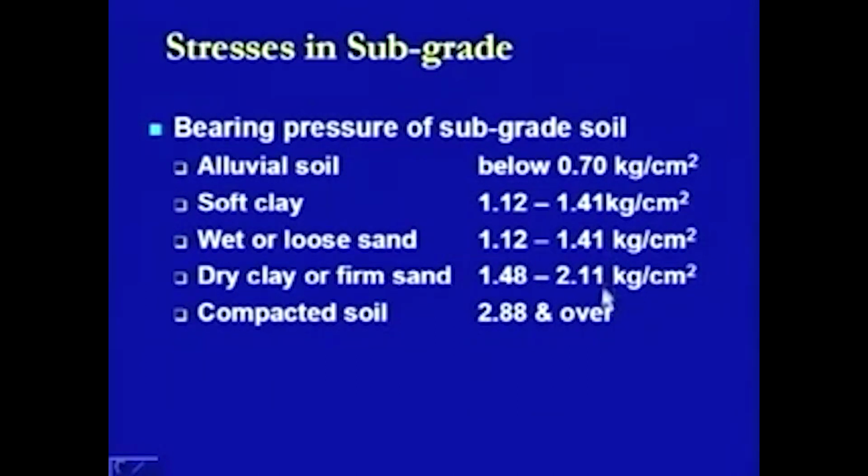For dry clay or firm sand, it is 1.48 to 2.11 kg per centimeter square, and for compacted soil, it is 2.88 and over. So, on the basis of the type of soil subgrade which is available to us, we have to reduce the stresses to this value, so that this level can sustain the stresses. So, that is why we have to fix up the depth of the ballast cushion on the basis of this value.